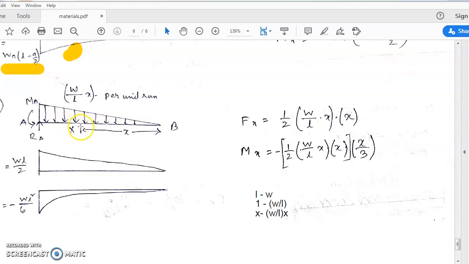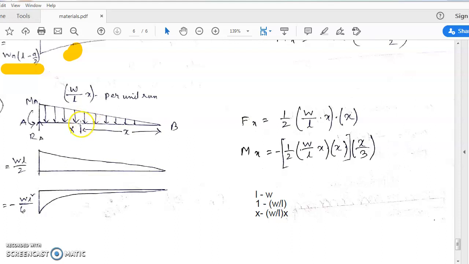So now what will be the bending moment at point X? The bending moment will be the total load times the perpendicular distance at which the load is acting. Here the load is acting at where? The load is acting at the centroid, the center of gravity of this triangle. So it is at x by 3. We all know that for a right-angled triangle, the distance of the centroid from the right angle will be base by 3, so x by 3.